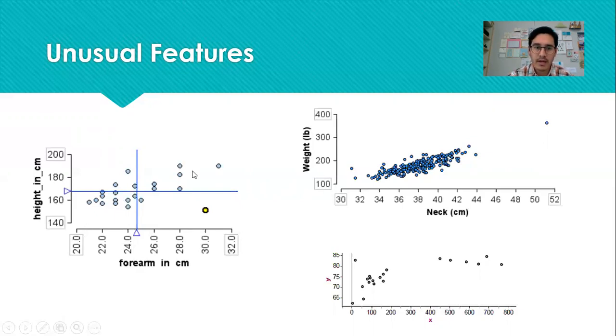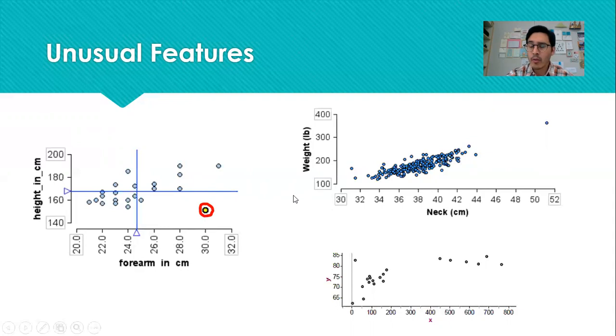But there's this one point which seems unusual. This person has really long arms but a relatively short height, so that person just does not fit the pattern, the trend that we see with the rest of the points. That's one type of unusual feature: points that don't follow the pattern.